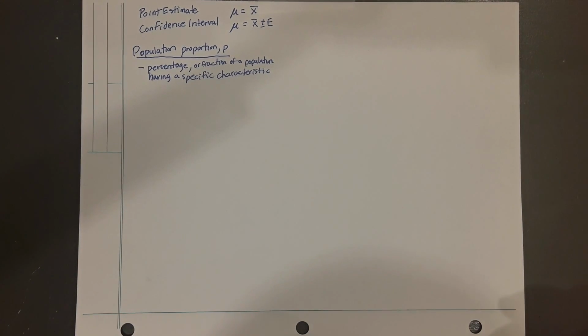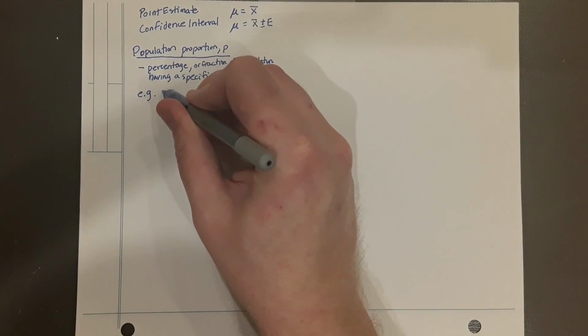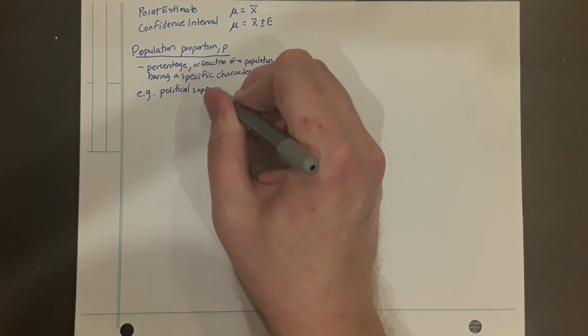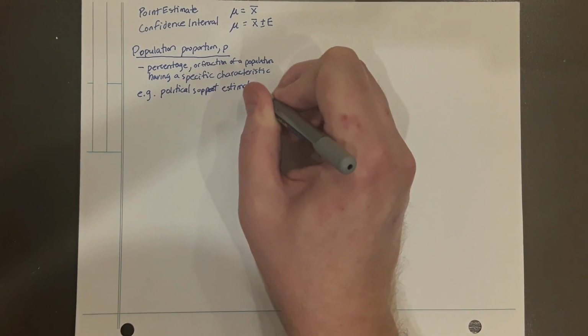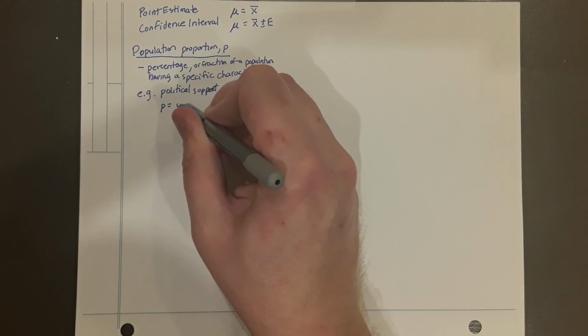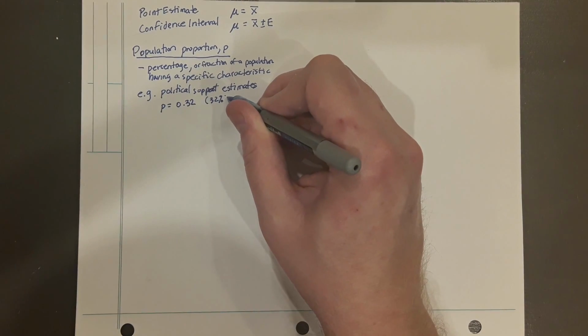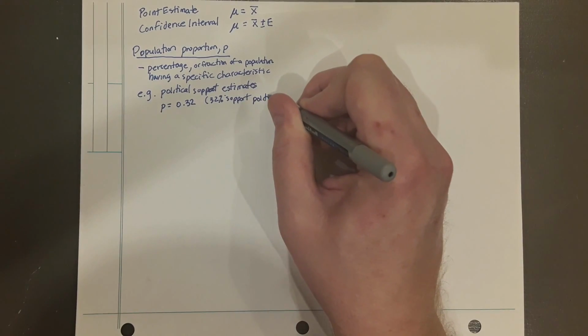So an example would be political support estimates. You might have, let's say, P equals 0.32 or 32% support some political party A.